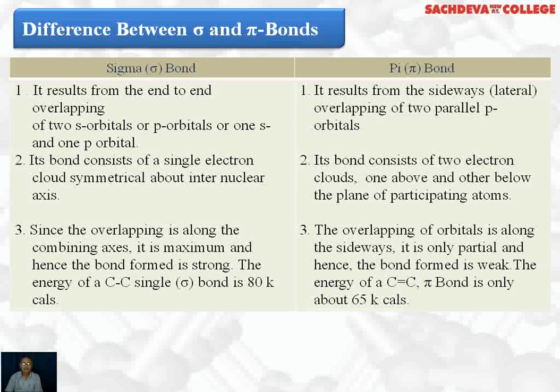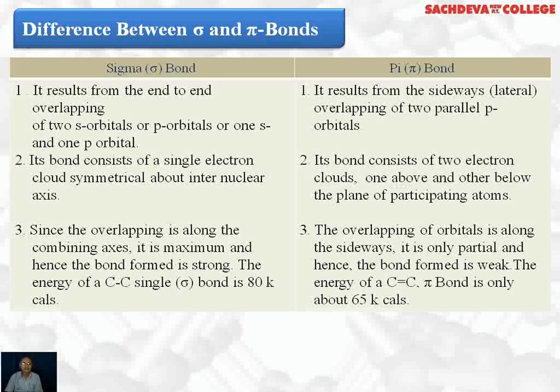Pi bond is formed by sideways or lateral overlapping of 2 parallel p orbitals. Sigma bond consists of a single pair of electron cloud which is symmetrical about the internuclear axis. That is, mainly it is on the internuclear axis. Pi bond consists of 2 electron clouds, one above and another below the internuclear axis.